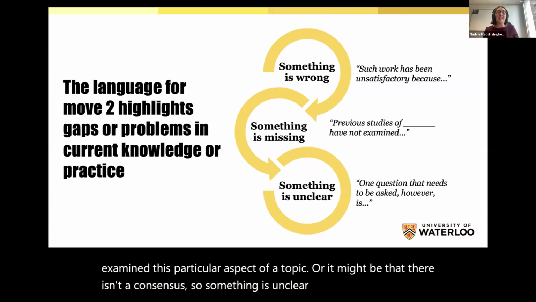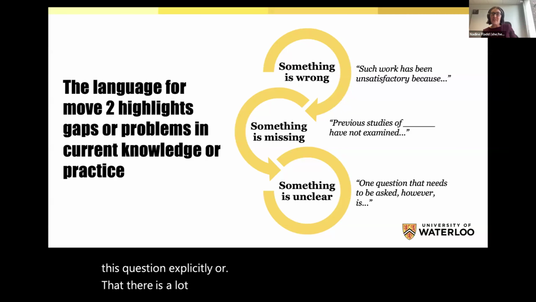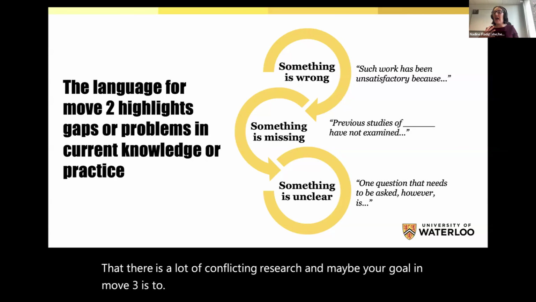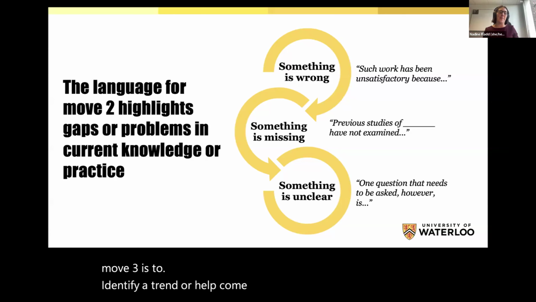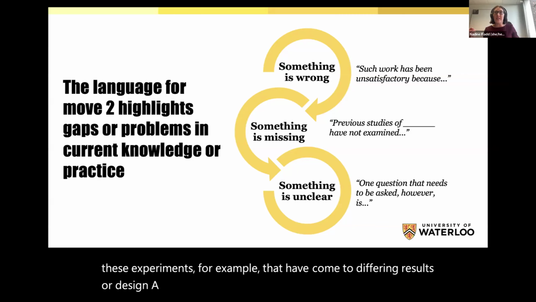So we haven't asked this question explicitly, or that there is a lot of conflicting research, and maybe your goal in move 3 is to identify a trend or help come to a consensus by retrying some of these experiments, for example, that have come to differing results, or design a new experiment that is going to create a reliable, reproducible result.